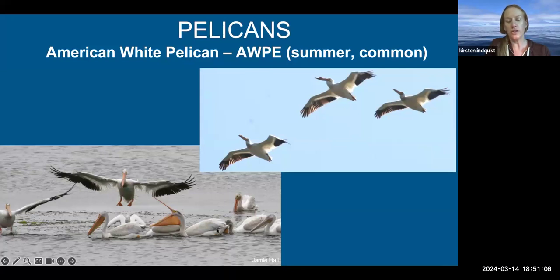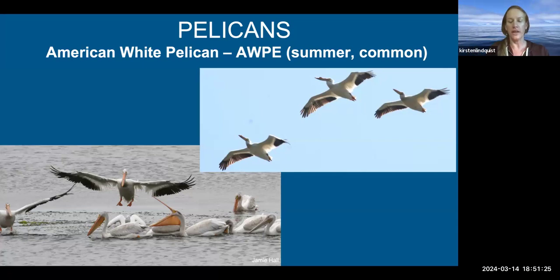So when they are foraging on the water or roosting, you're just going to see white. But when they're flying, you'll see this big flash of black. And these birds are never going to be flying from above and diving and crashing into the water.